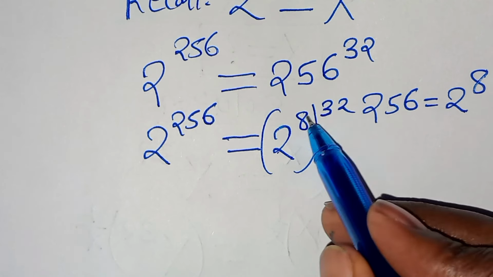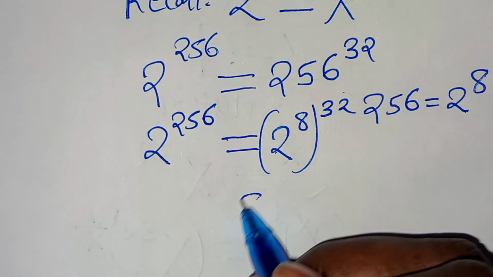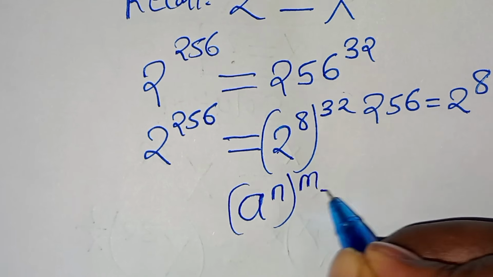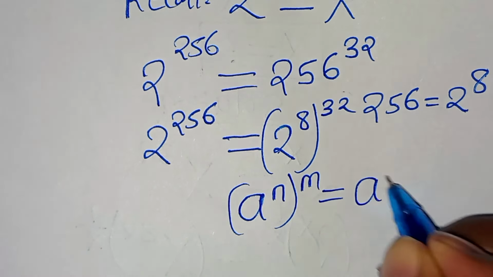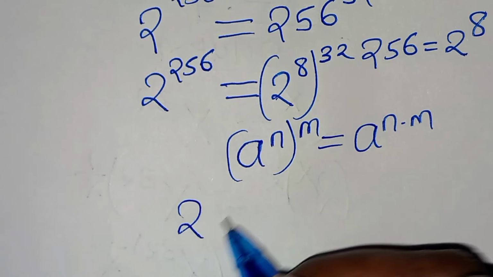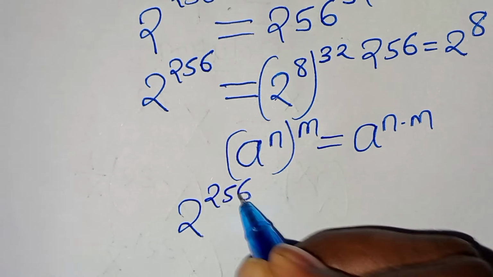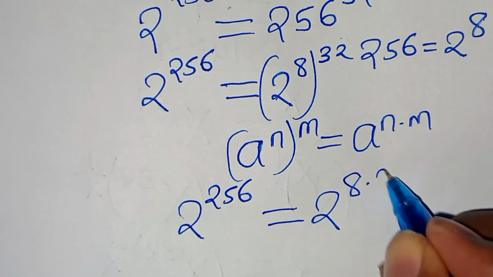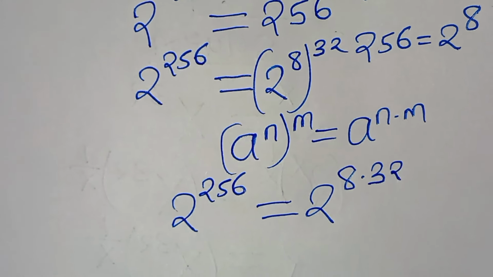So 2 to the power of 8 raised to the power of 32 is in the form of a raised to the power of n raised to the power of m, which we can express as a to the power of n multiplied by m. So we have 2 to the power of 256 equal to 2 to the power of 8 multiplied by 32.